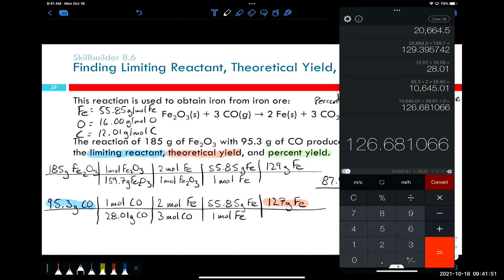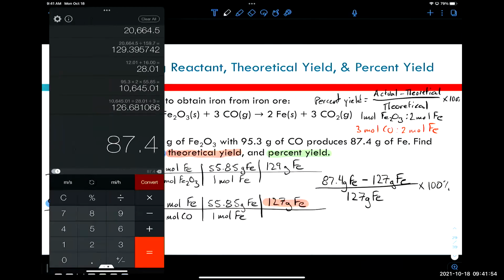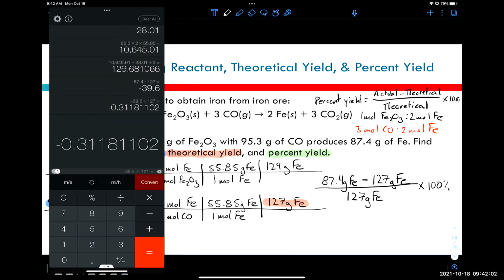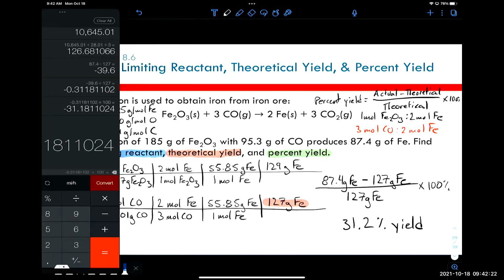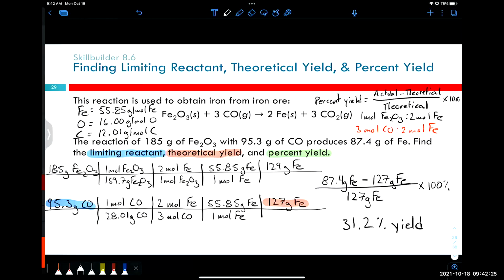So we'll do 87.4 minus 127, divided by 127, and then multiply by 100. So then our percent yield is 31.2%. Actually, a negative 31.2%.